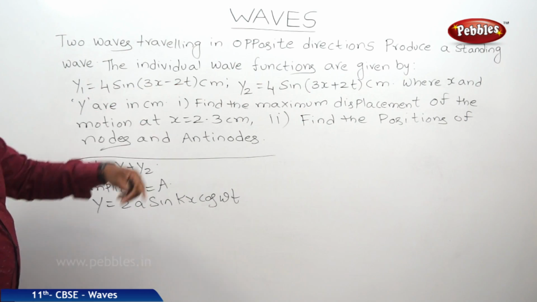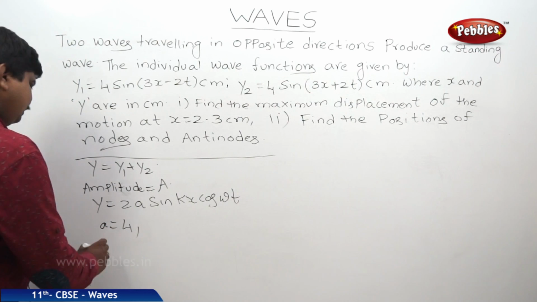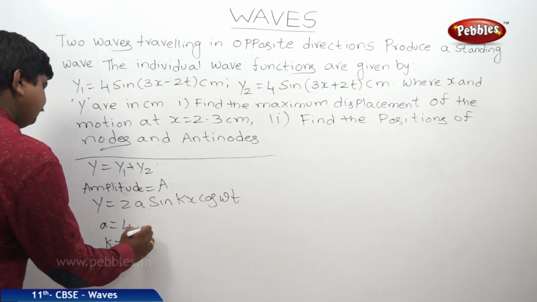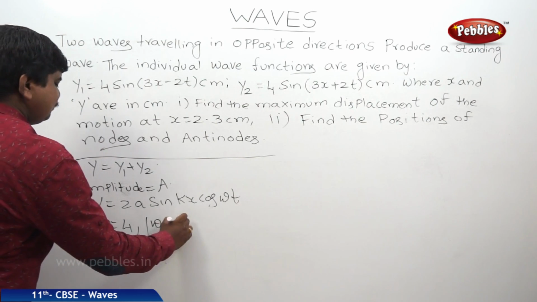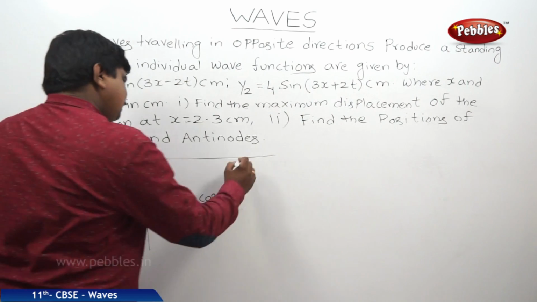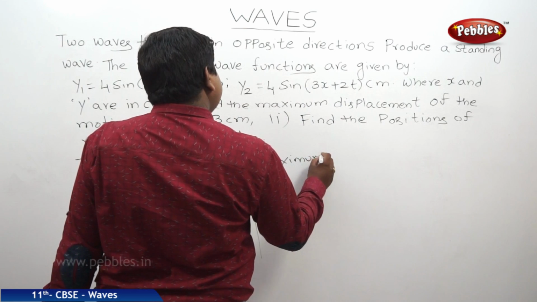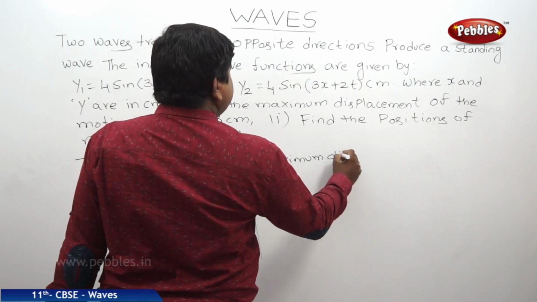If you compare these two equations, a = 4, k = 3, omega = 2, compared with the general equations. Therefore, maximum displacement.